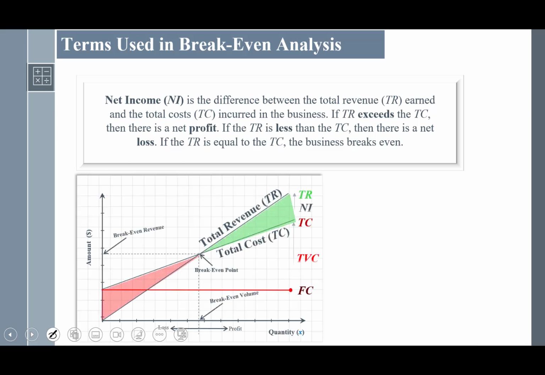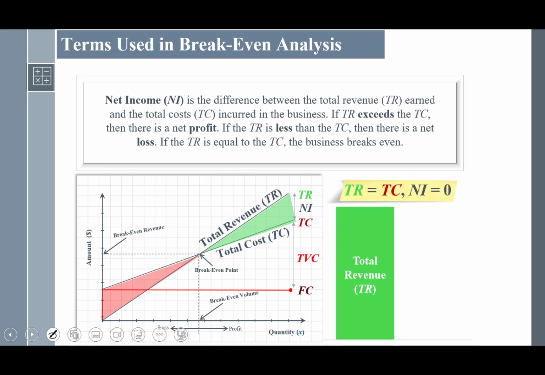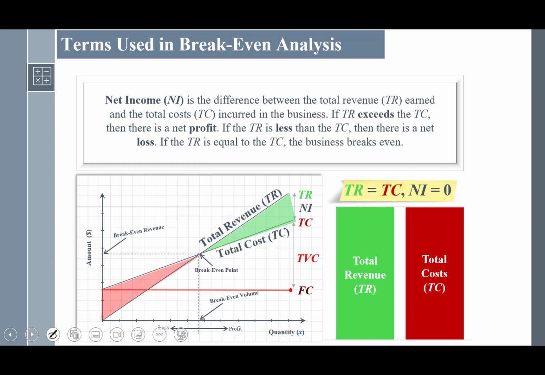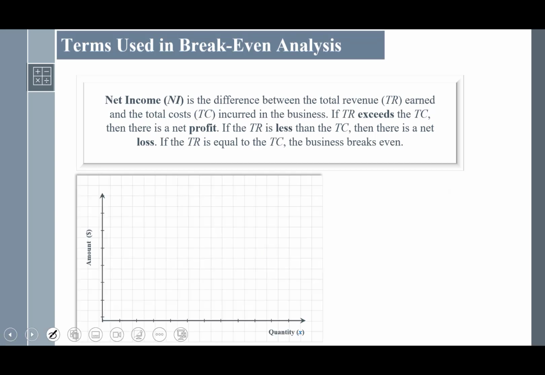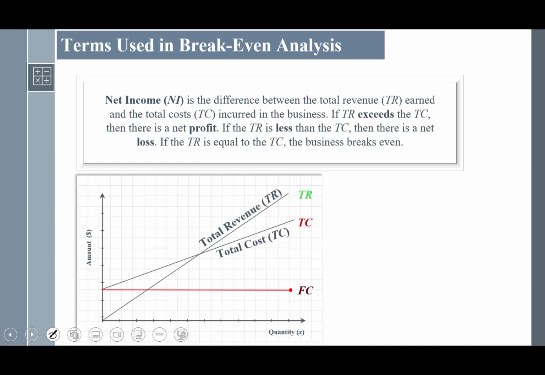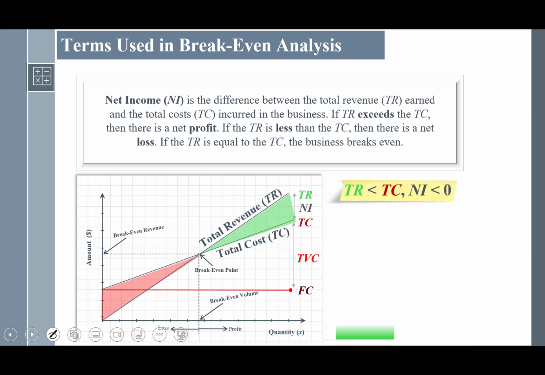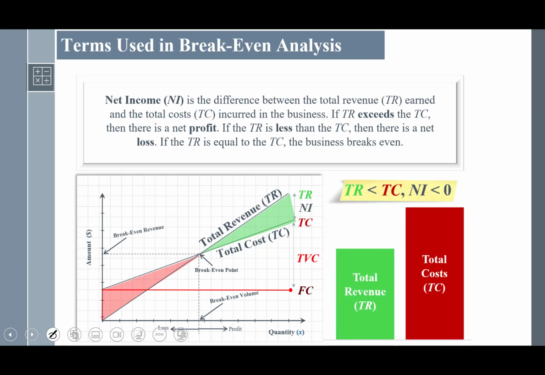I'm not going to spend lots of time on it because our concern here is the calculator. How do we find this using the calculator? This is explaining the difference between when the total cost is equal to, less than, or greater than the total revenue, where there is a loss, profit, or they're breaking even.